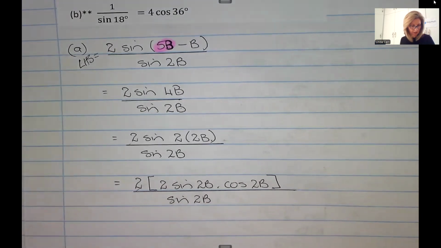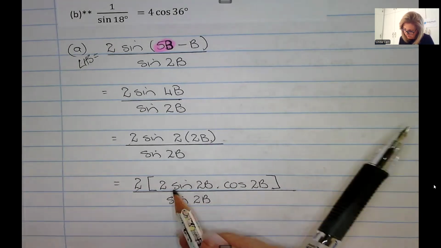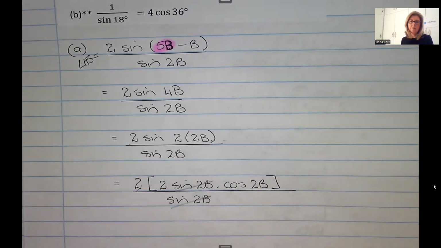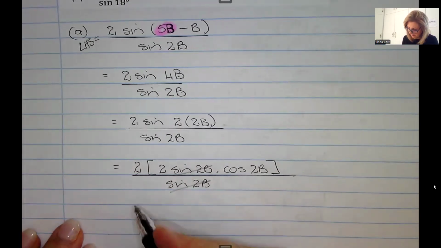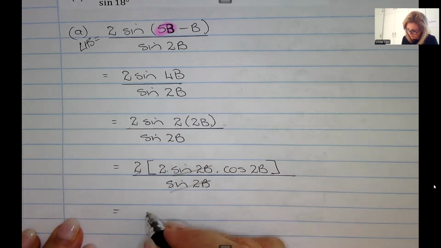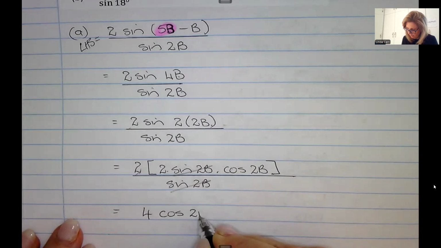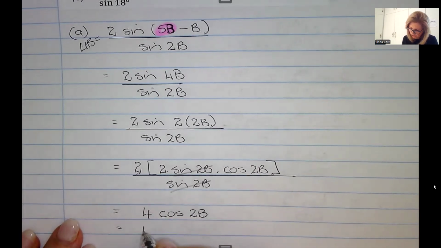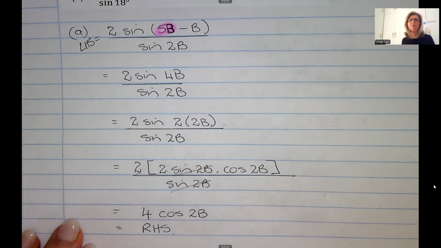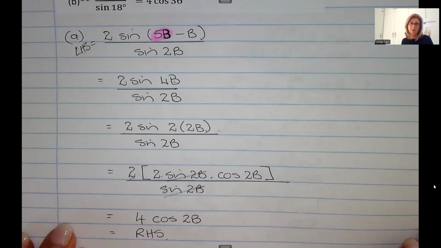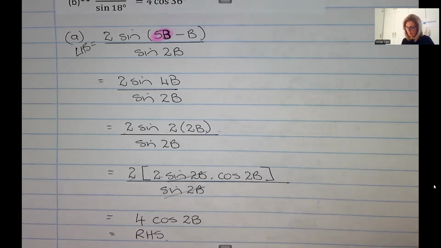Because everything is multiplying, I'm allowed to divide. And so I'm allowed to say the sine 2B's divide out with each other. 2 times 2 is 4 cos 2B, which is indeed the right-hand side. So that is part A of the hence question.